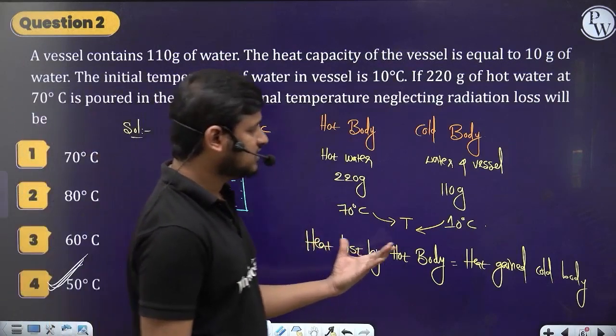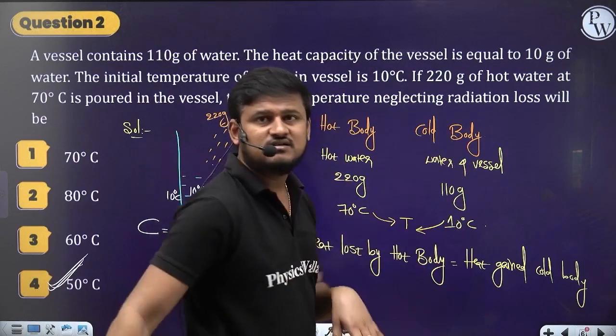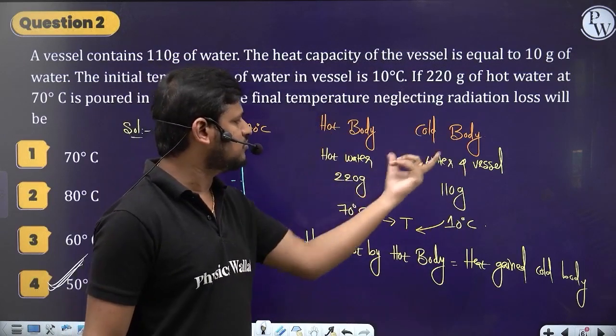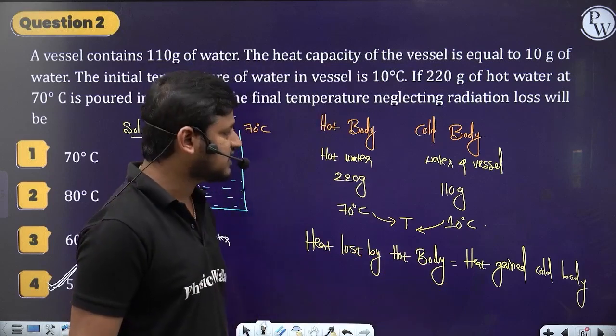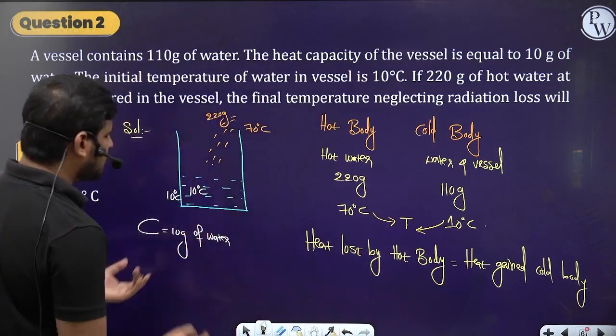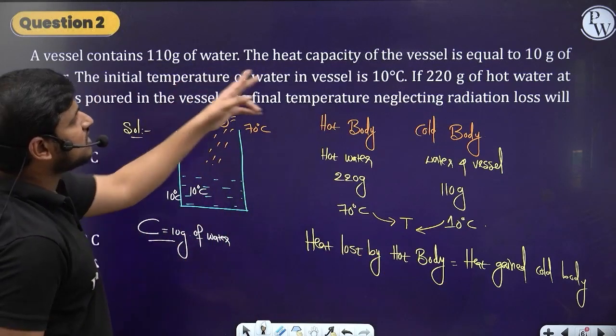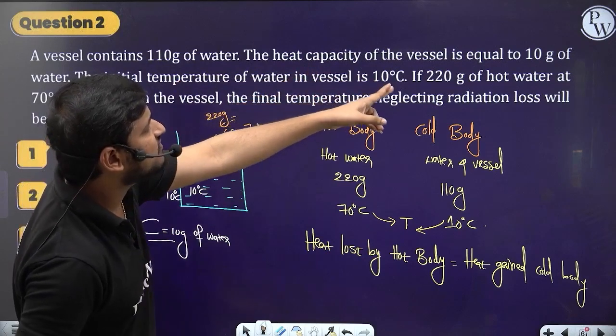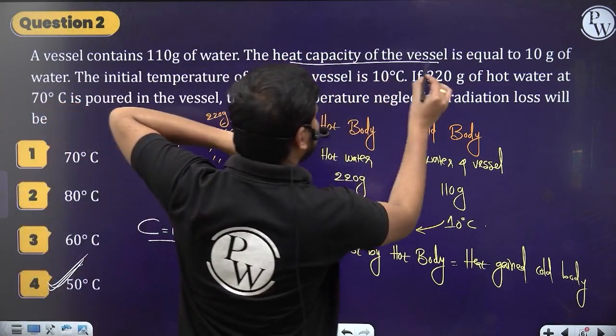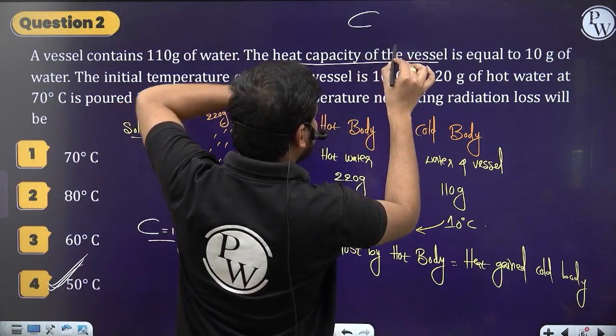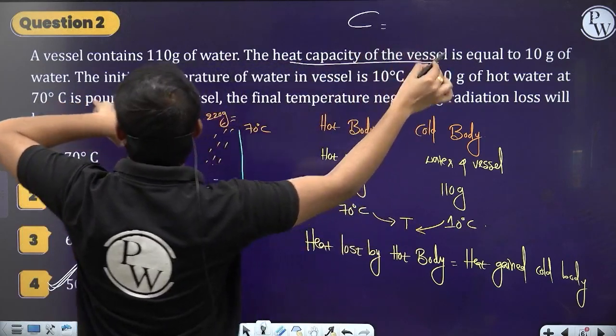Understood the procedure? This part we already learnt in the last class: the hot body, cold body, the principle of calorimetry. But here, the water equivalent is the heat capacity of the vessel. That means capital C of the vessel is equal to 10 grams of water.